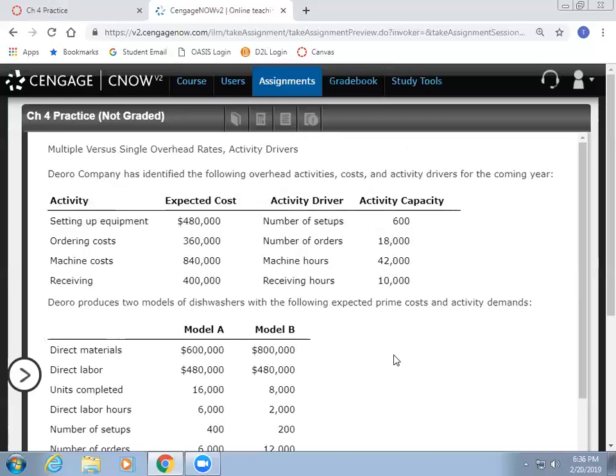And then we would want to calculate our overheads. So we would have setups, $800 times 400 setups. Okay. We've got that stuff down here.